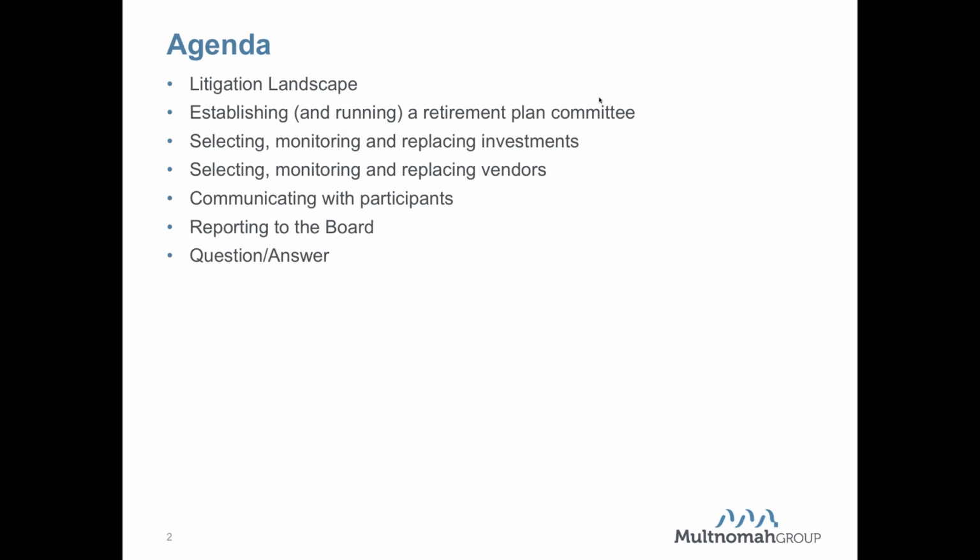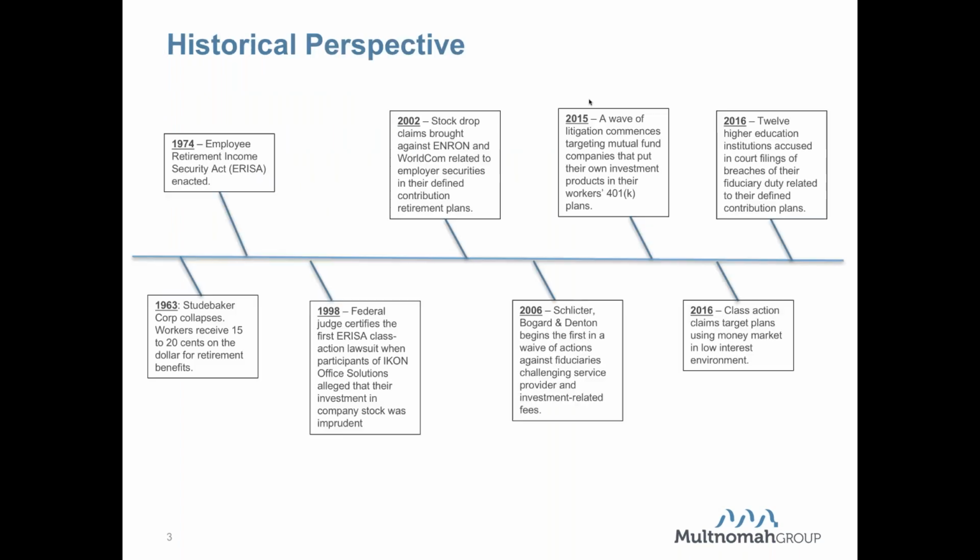Third, selecting, monitoring, and replacing investments and the process that goes along with that. And fourth, which is just as important, is the selection, monitoring, and replacing of the retirement plan vendors that you work with. We'll talk about the communication process. We'll circle back around with reporting back to the board in cases where fiduciary duty is delegated, and then we'll again open it up for some questions.